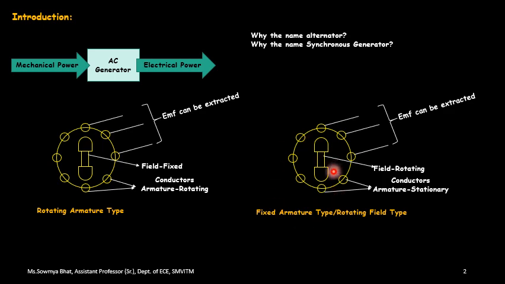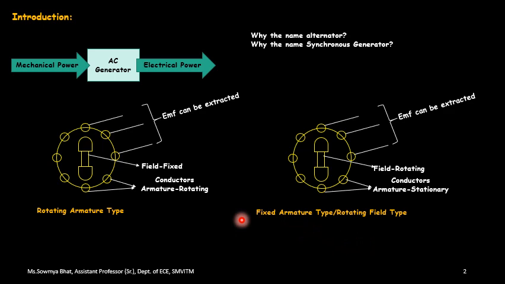The power can be tapped easily without any risk from the stationary part through terminal bushings. And the last one is that the armature conductors are totally free from any centrifugal force which tends to drag the conductors out of the slots. These are the advantages if I make use of a fixed armature and rotating type of field.